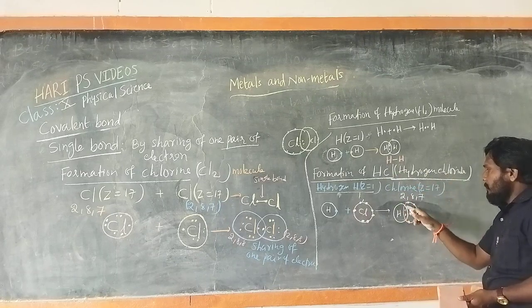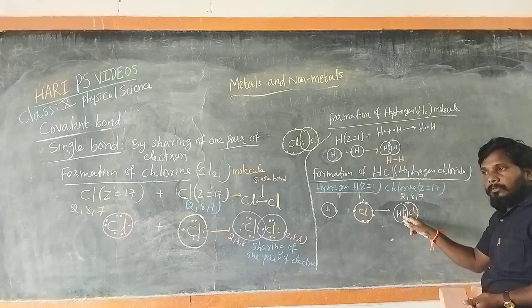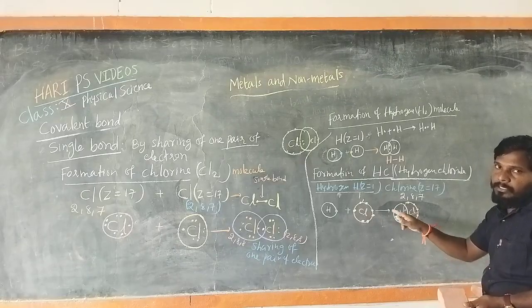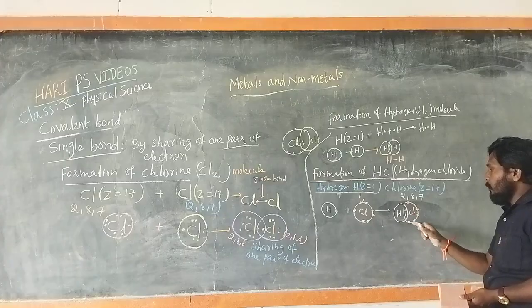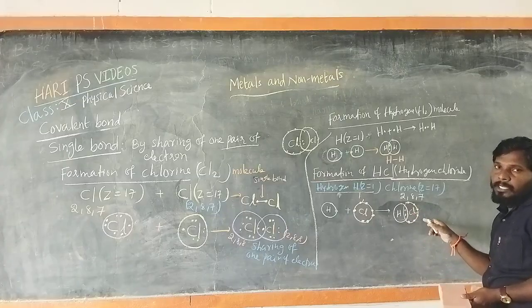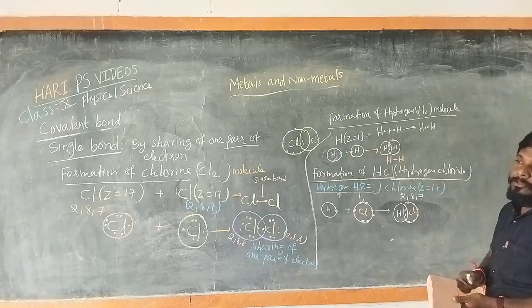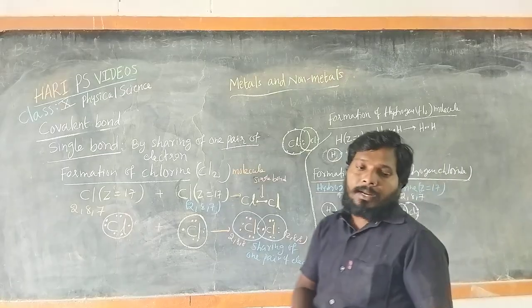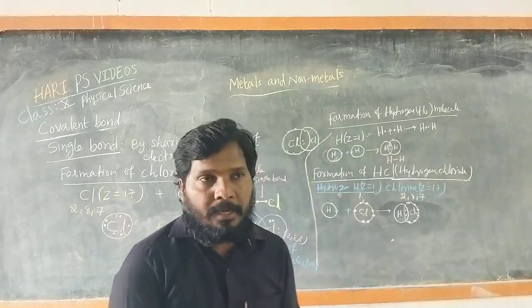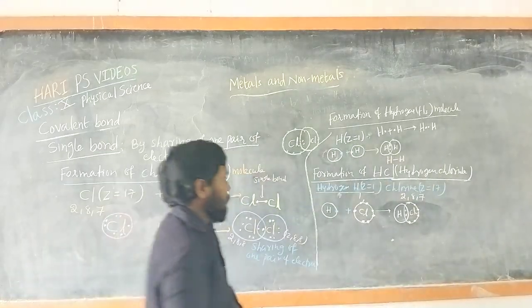So hydrogen has 2 electrons in the outermost shell. Then chlorine has 8 electrons in the outermost shell. So here the 2 atoms get stability by sharing of electrons.